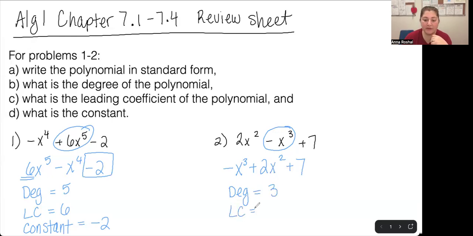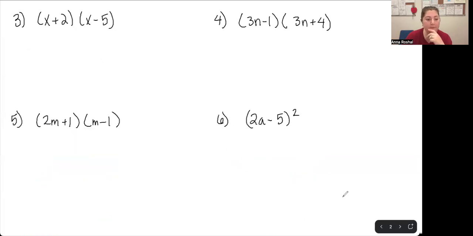My leading coefficient is going to be -1. And then my constant is going to be 7. And again, we know that the constant is the number without a variable, and the coefficient is always the number in front of this first term. And here there's this invisible 1.